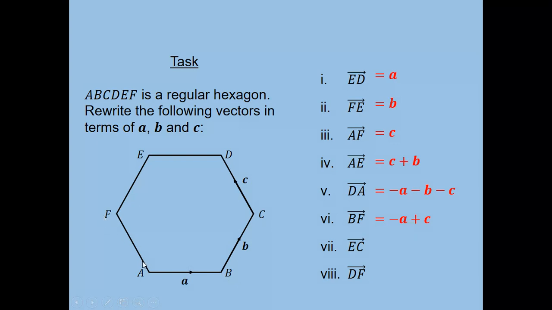B to F would be minus a, and A to F is parallel and equal to C to D. So A to F is vector c.